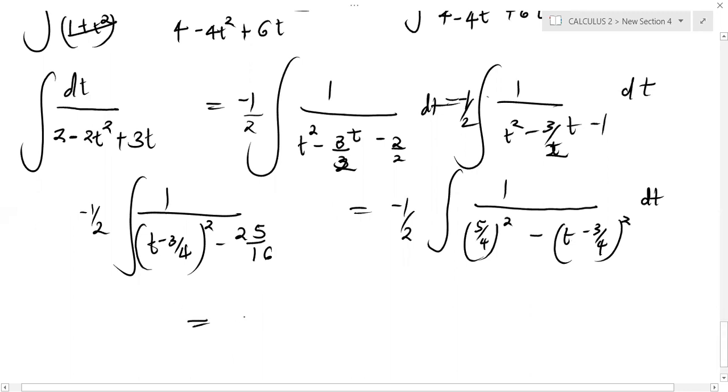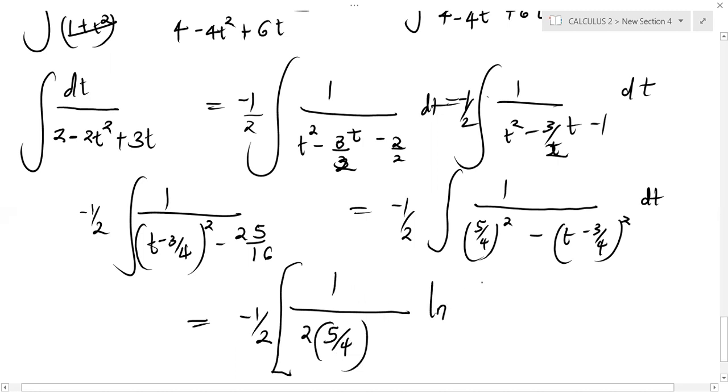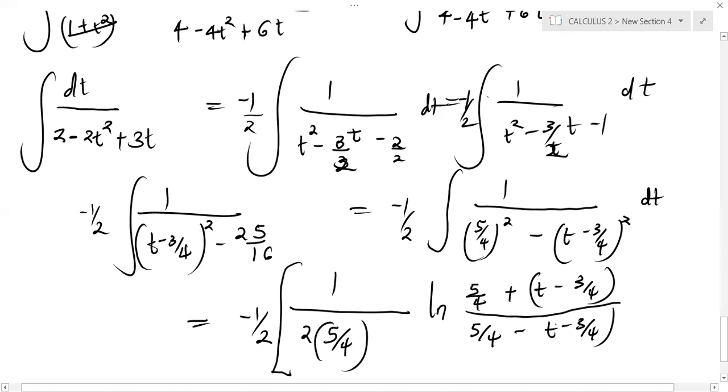So you check on page 11, the integral will be minus a half into 1 over 2 times 5/4, ln of 5/4 plus t minus 3/4, all divided by 5/4 minus t minus 3/4, plus c.